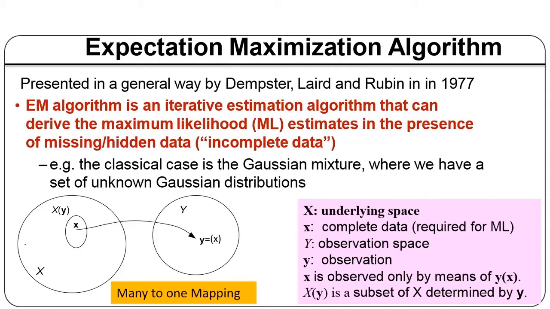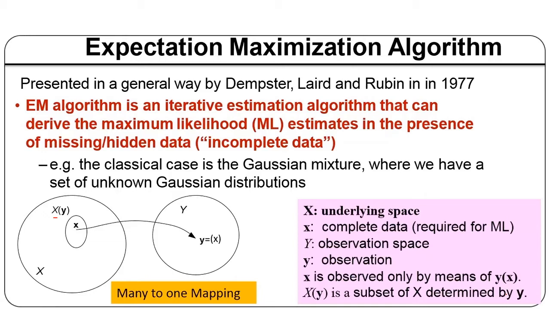Now, this is the simple syntactic representation of the expectation maximization algorithm. In this diagram, the capital X is represented as the underlying space where we have the set of data, right? X is the complete data. Capital Y is the observation space where we have the available data sets, or the existing data set, right?